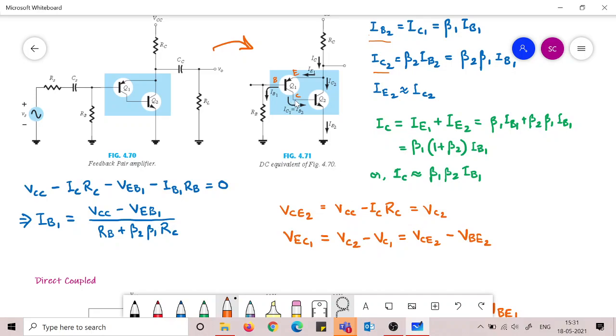This point VC1 is the same as the potential VBE2, so VC1 is the same as VBE2, and VC2 is the same as VCE2. So VEC1 is VCE2 minus VBE2.